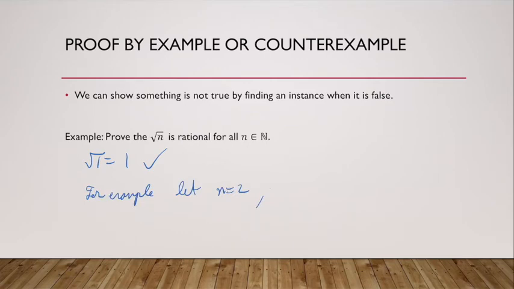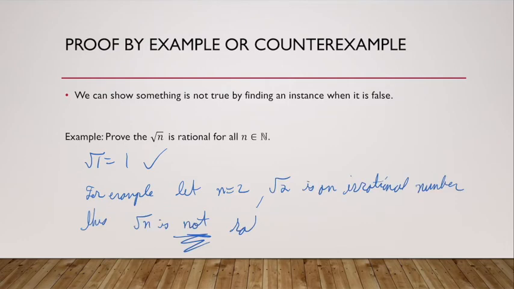The square root of 2 is an irrational number because it can't be simplified anymore. Thus, the square root of n is not rational for all n element of N.